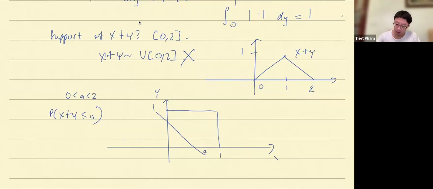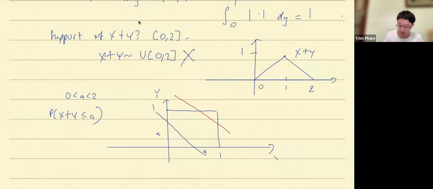But the moment you draw that, you recognize that there are two possibilities going on. Because the moment you cross the diagonal here, the region becomes like that. So it's sort of a different way to express things. Do you understand?